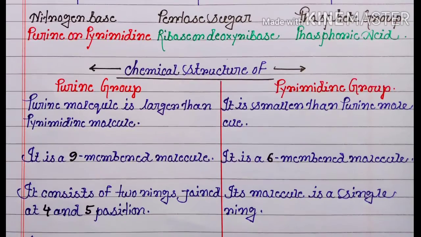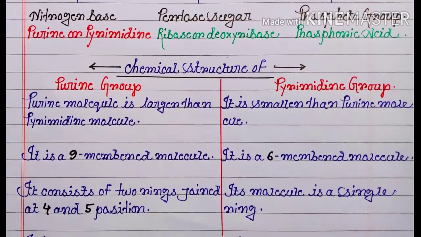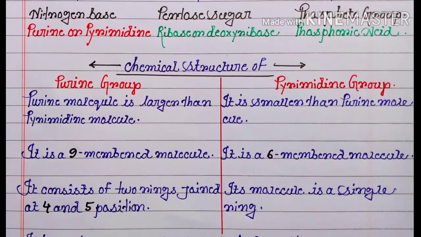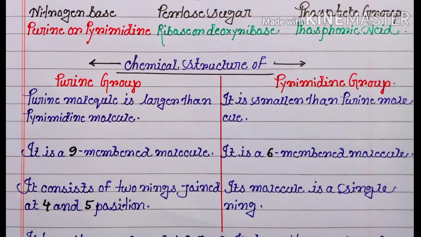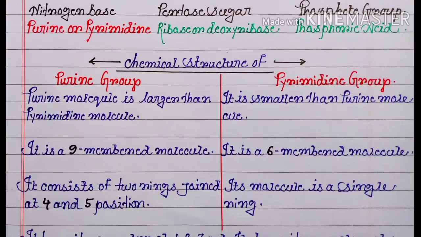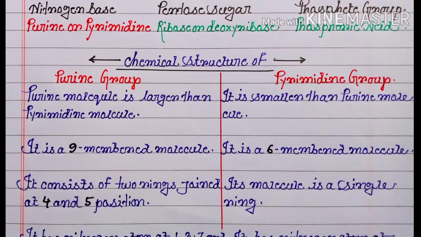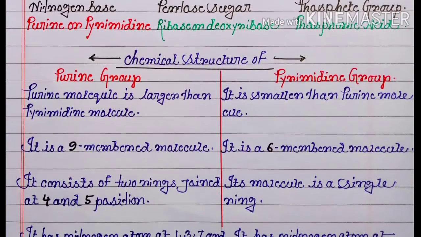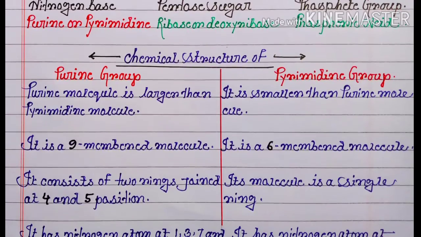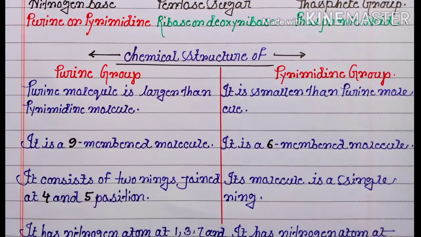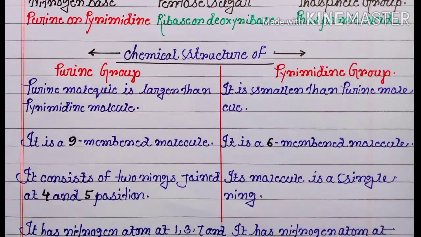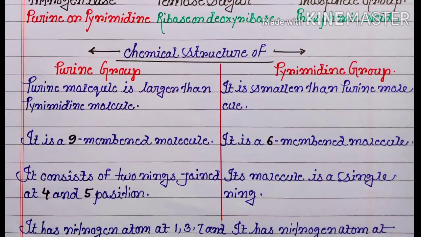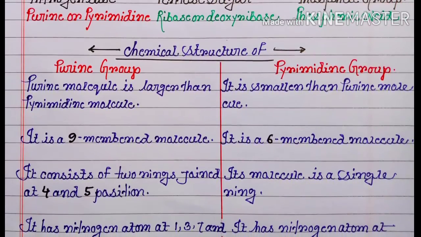First, in case of purine group, it is larger than pyrimidine molecule. The pyrimidine molecule is smaller than purine molecule. The purine is a 9-membered molecule, whereas the pyrimidine is a 6-membered molecule.